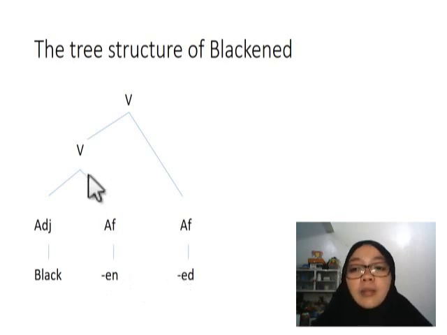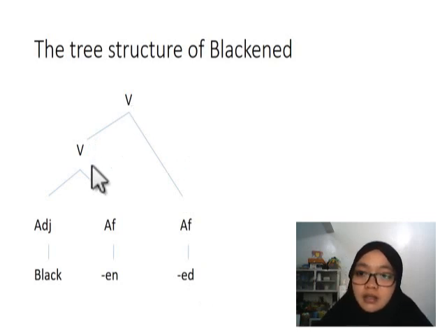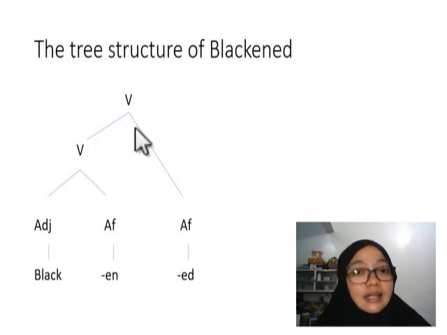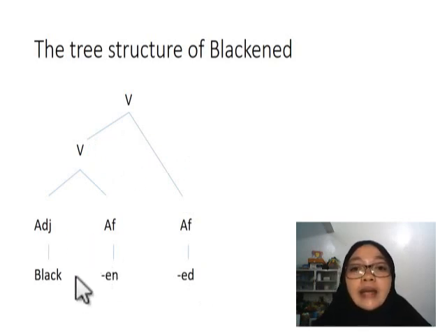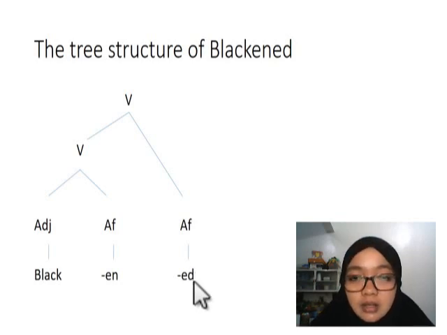When blacken has been formed and then added with ed, it becomes a verb. What makes the difference? This is still a verb, but it is different. Blacken is to make something black. Yes, it is a verb, but when we put it with ed, the grammatical form is changed. The tense is changed.